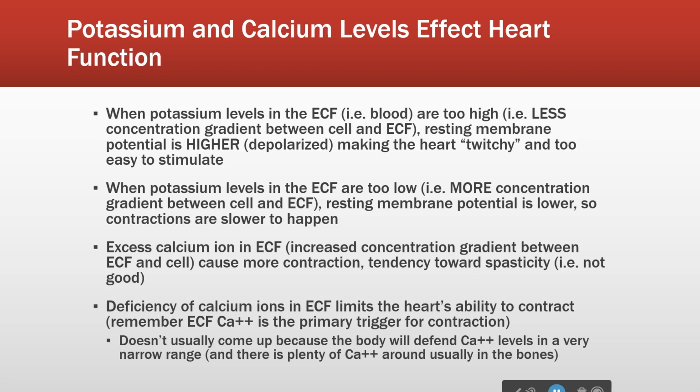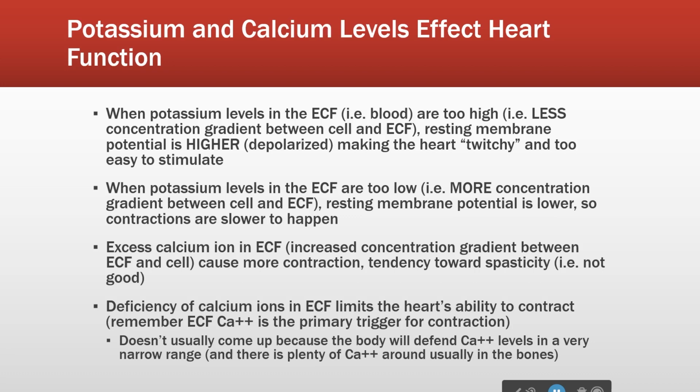That makes the heart sort of twitchy and too easy to stimulate. So when potassium levels are actually elevated, not just lab error elevated, we see changes in the EKG that look a little like a sawtooth because the heart is twitchy. It's a little quick to contract for a given degree of depolarization.